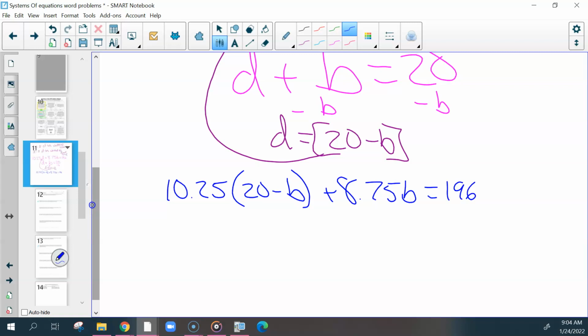From there, we can now solve for B. Someone multiply 10.25 and 20 and then we get 205. Just 205.